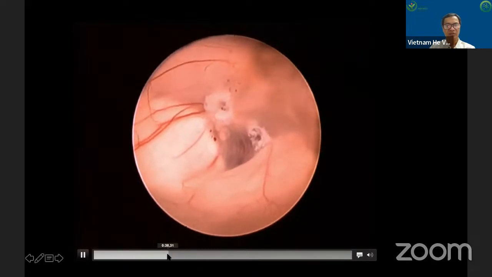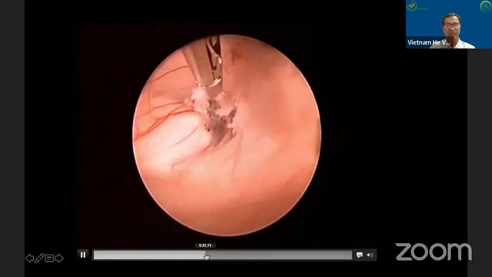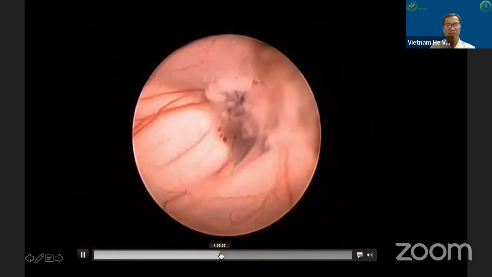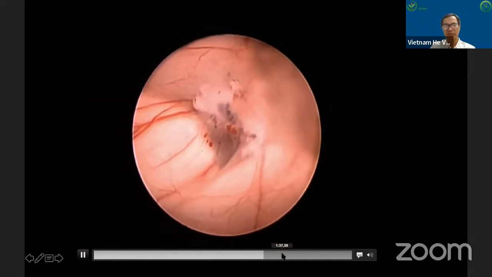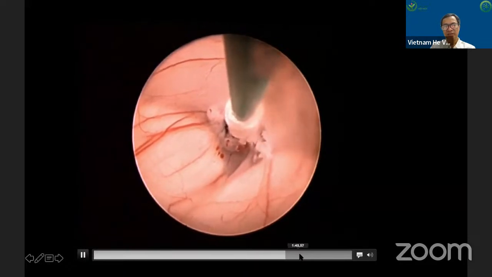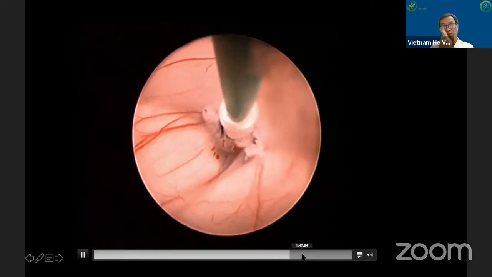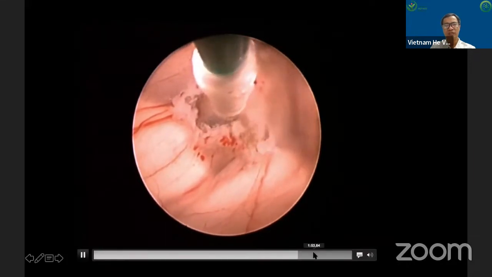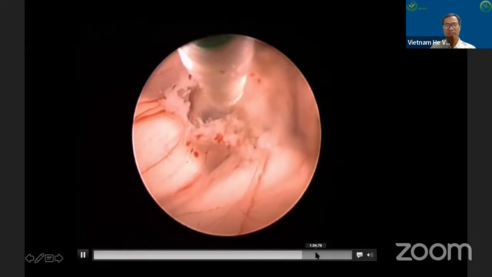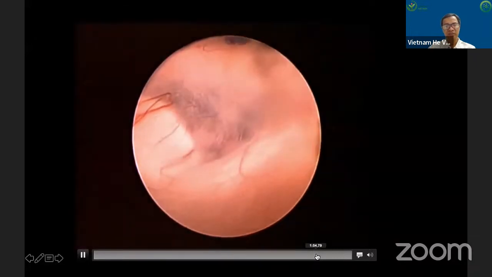And this makes a hole. And I use the scope to make it bigger. It's very difficult, this one. It takes a long time to make a hole and make the hole bigger with the balloon. Sometimes it's difficult, and that's why I would like to share with the young how to handle the difficult case. It takes a long time.